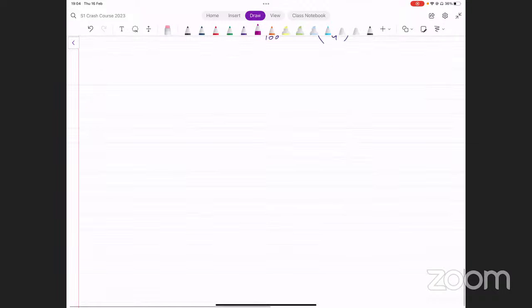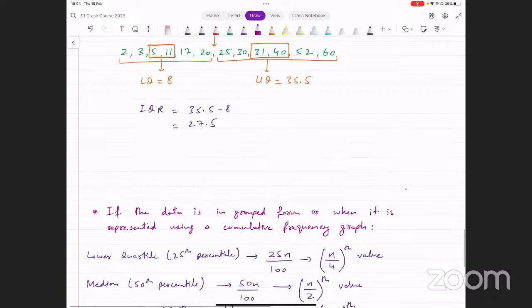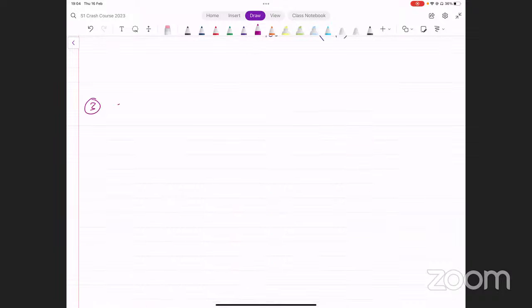So these are some measures of dispersion that we have. Now, the next thing that we have is standard deviation. That's really important. Let's talk about that before we end. That's the last thing that we're going to do today. Standard deviation, and also variance. Variance is very simple once you understand standard deviation.